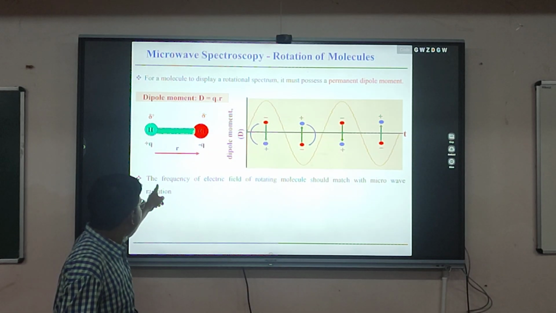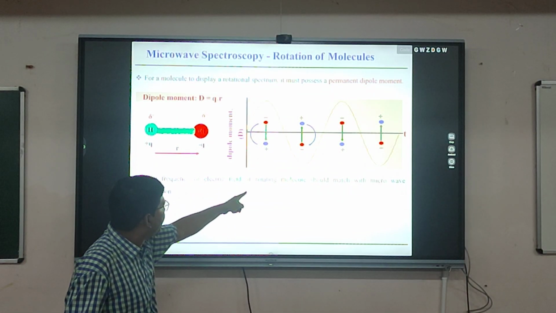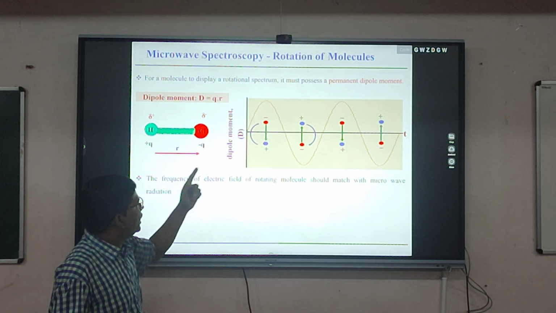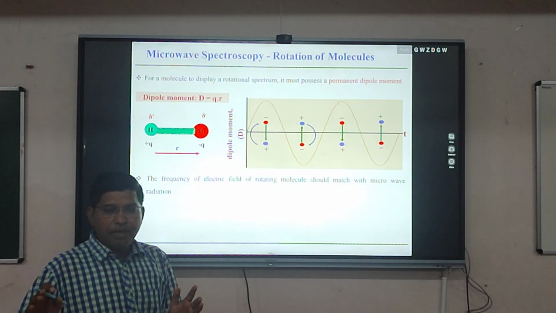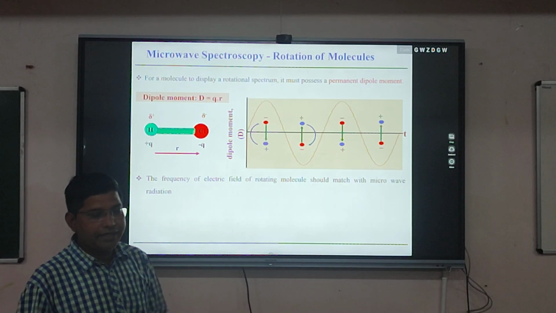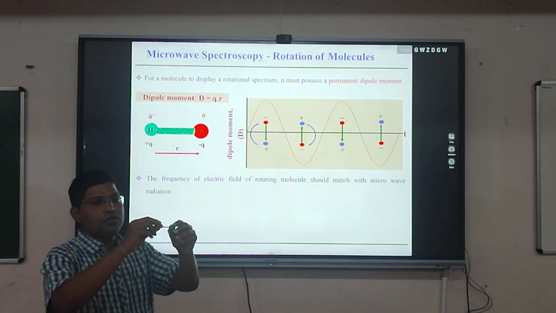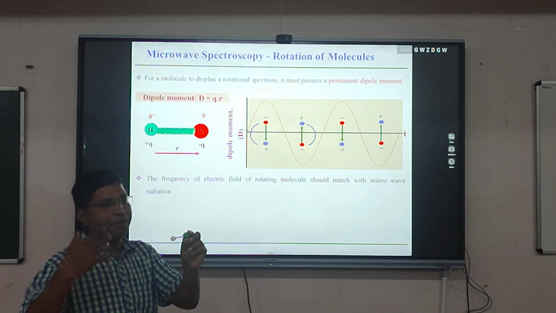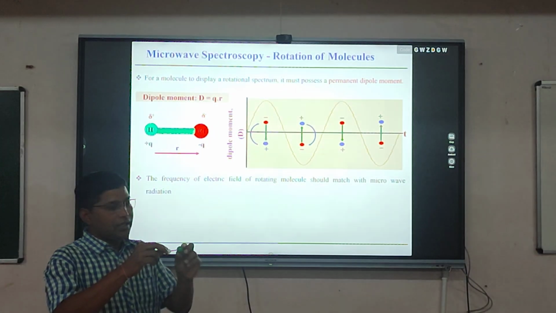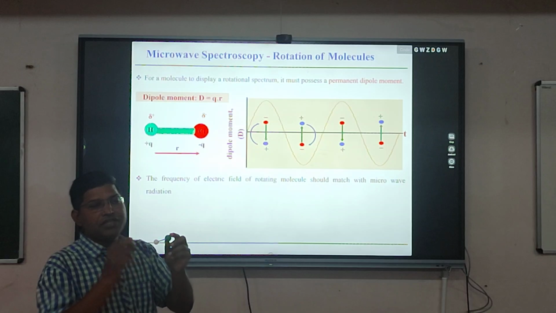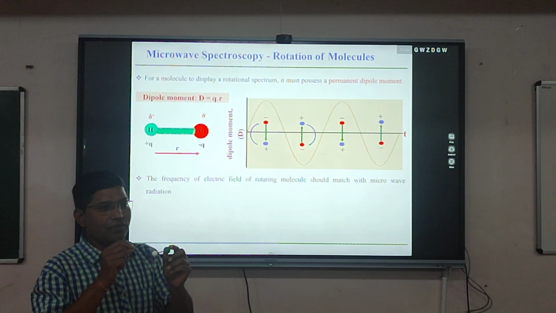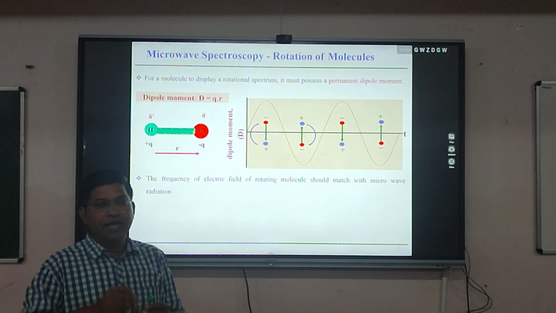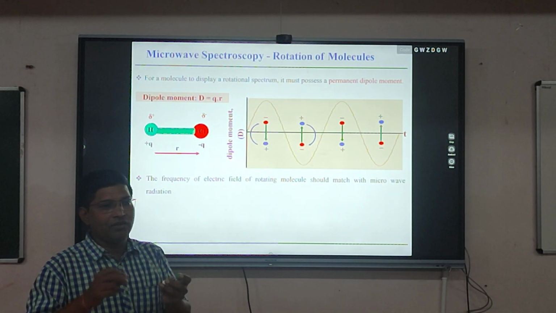Now another point is that the frequency of the electric field of the rotating molecule should match the microwave radiation. In microwave spectroscopy, molecules rotate in different directions. Suppose this rotating molecule changes its dipole moment, so it will produce its own electric field.